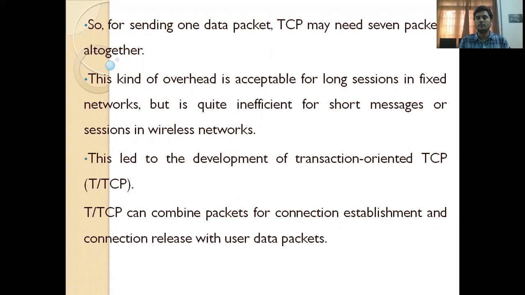This kind of overhead is acceptable for long sessions in fixed networks, but is quite inefficient for short messages or sessions in wireless networks. This leads to the development of transaction-oriented TCP, called TTCP, which can combine packets for connection establishment and connection release with user data packets.